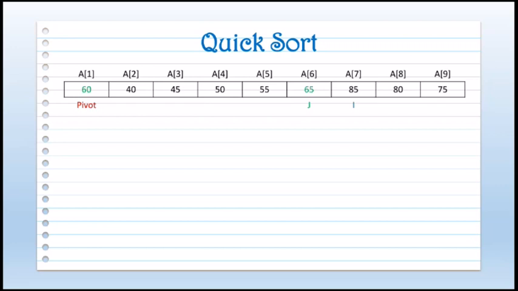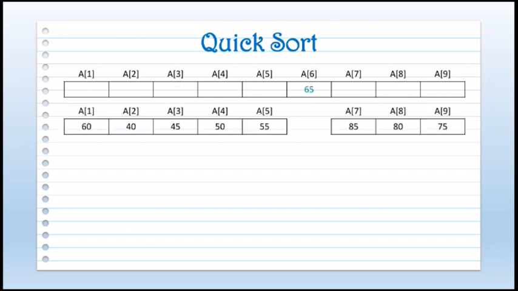So based on the pivot value, we will divide this array into two lists, because we already know the position of 65. The values present before the 65 will be the first array, and the values after the 65 will be the second array.